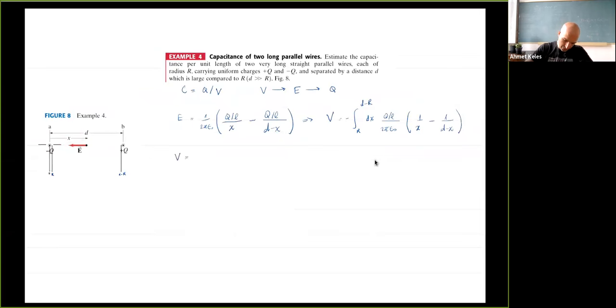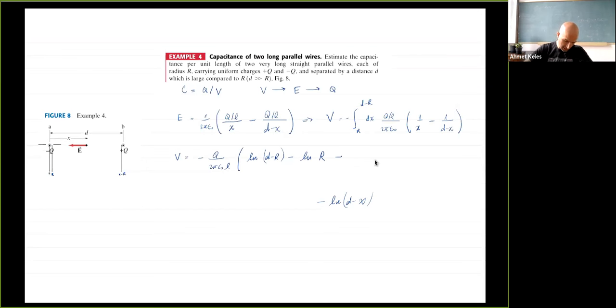So V is equal to minus Q over 2 pi epsilon naught L times the logs. Okay, the electric field terms should be plus, right?